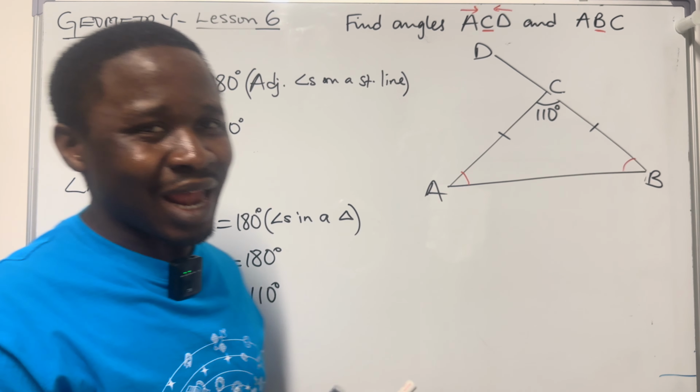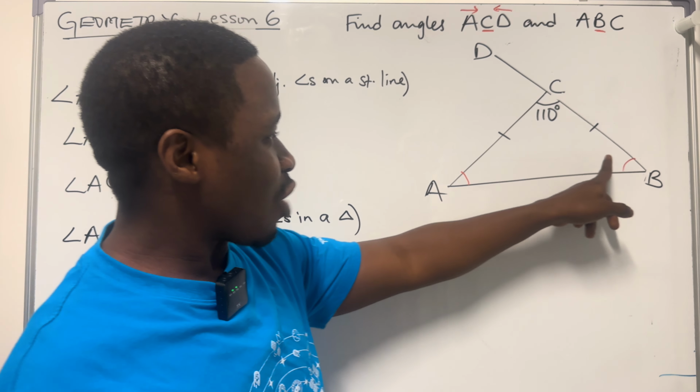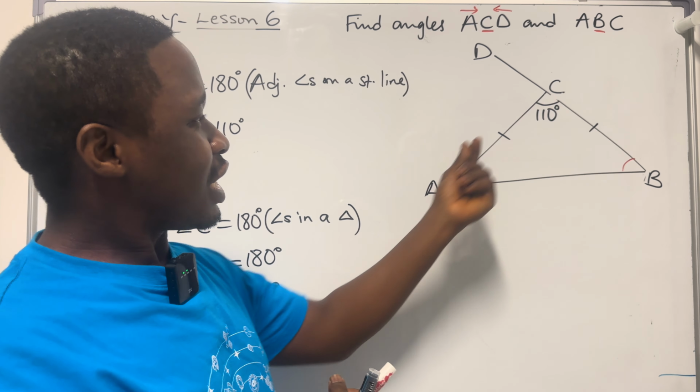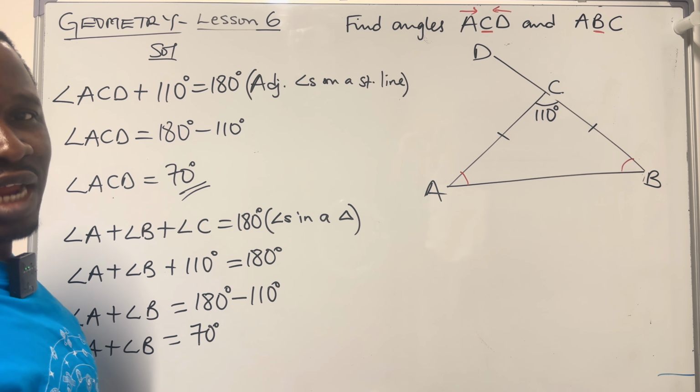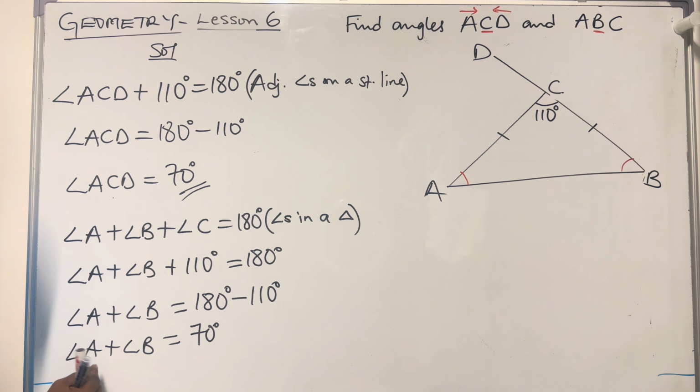But we just analyzed that angle A and angle B are the base angles of this isosceles triangle, and base angles of any isosceles triangle are always equal. So these two can share 70.